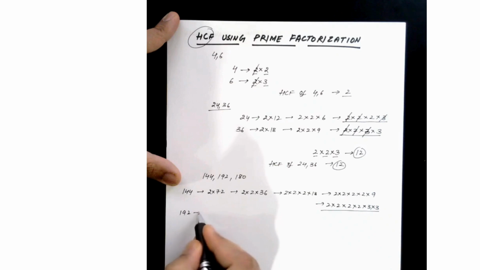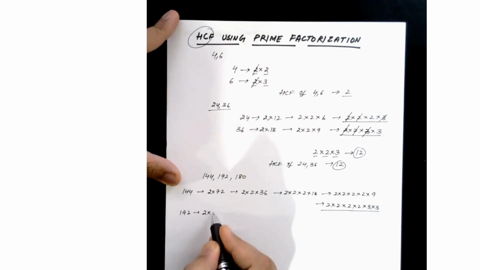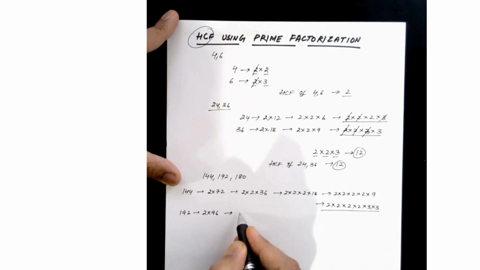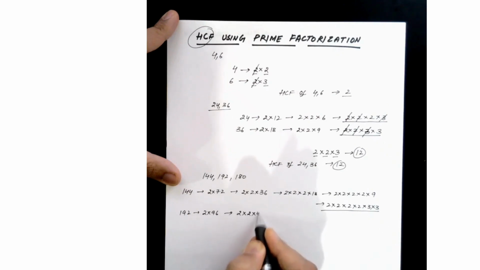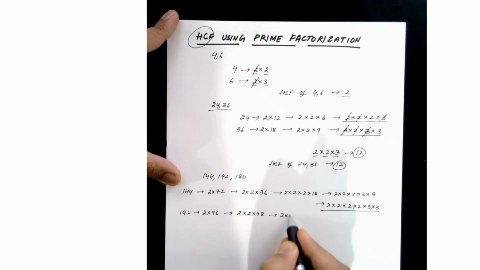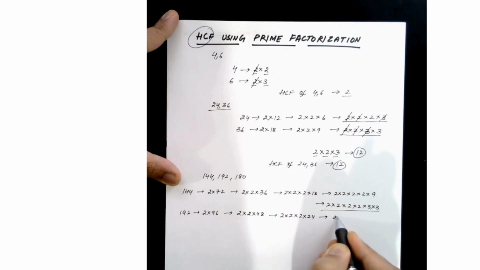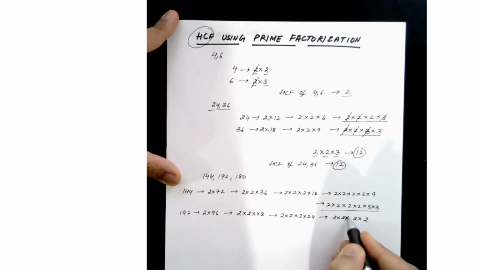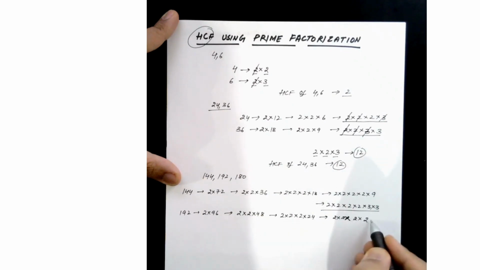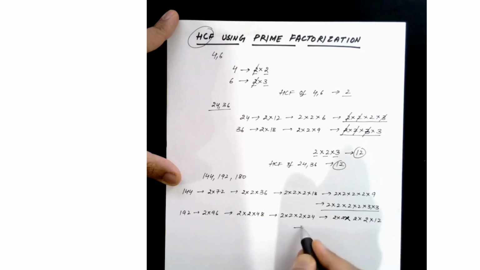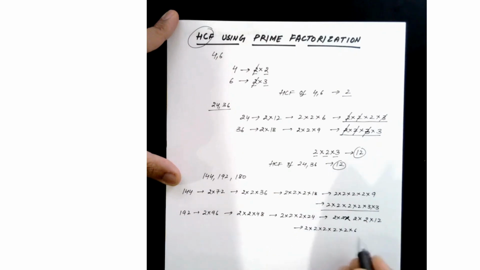For 192, we write it as 2 into 96, 48, 24, 12, 6, and so on.